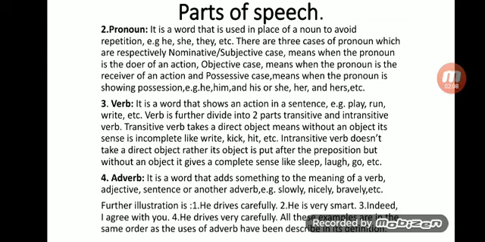For example, he is the nominative case, him is the objective case, and his is the possessive case. She, her, and hers are also respectively the three cases of she.